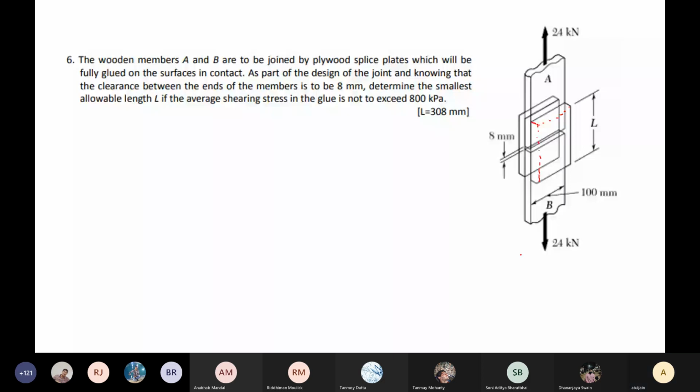So 24,000 is the load divided by L minus 8 into 100 is equal to 800 into 10 to the power minus 3. Solve for L, you should get the answer.